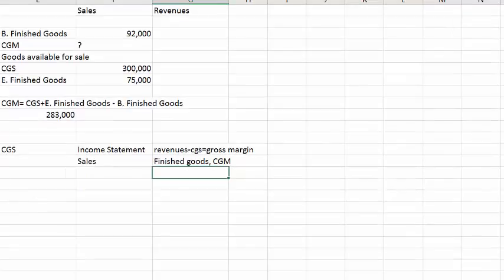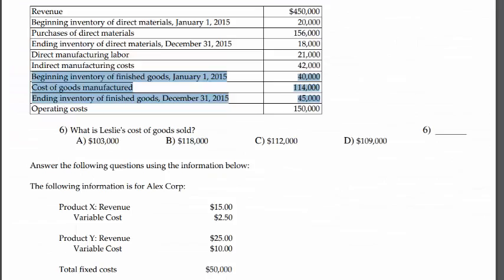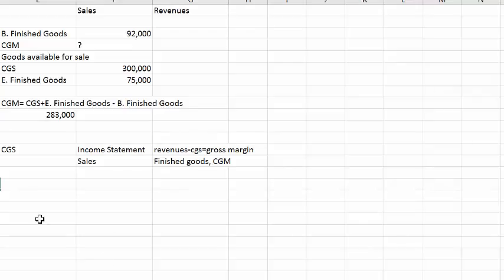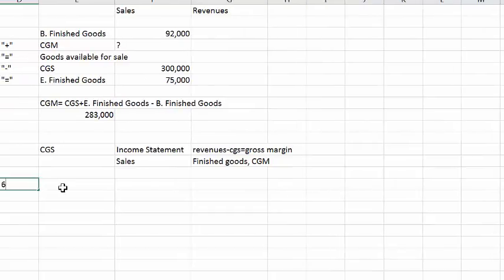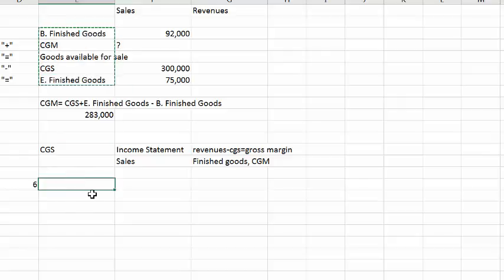So I'm going to put question 6 here. So what's happening here is it's kind of similar. Let me just copy paste because we're going to use exactly the same formula here.